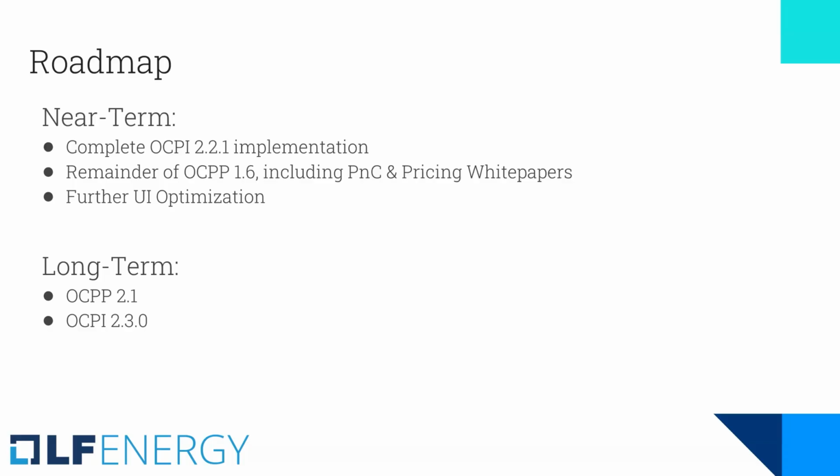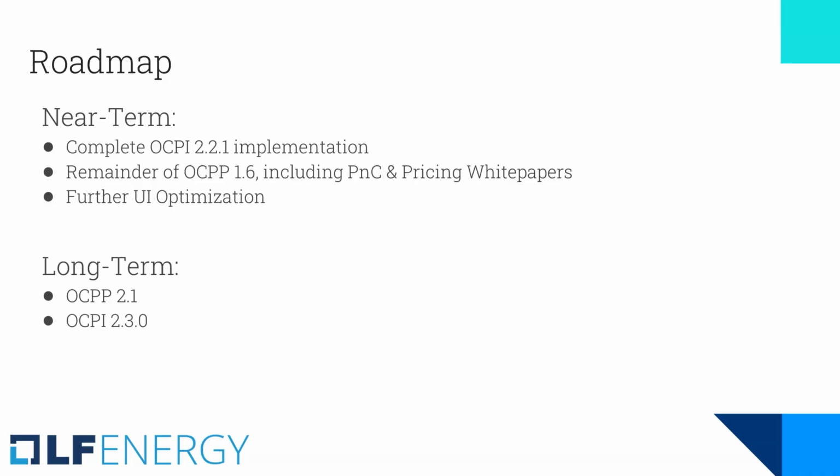OCPP 2.1 is the newer version of OCPP, but it does not bring any super large changes to the protocol. Primarily, the updates in 2.1 are related to the move to support ISO 15118-20. The plug-in charge standard was originally ISO 15118-2, and that's what's supported in OCPP 2.0.1.